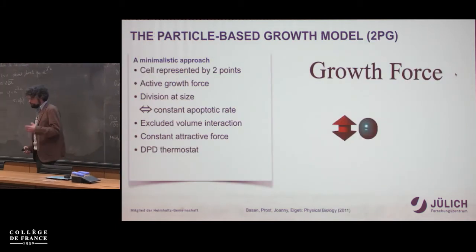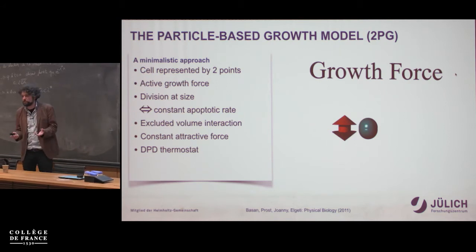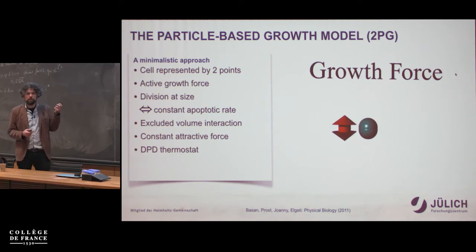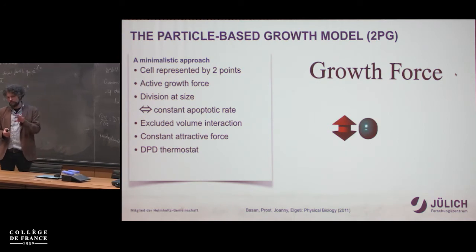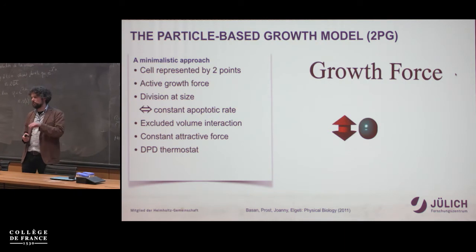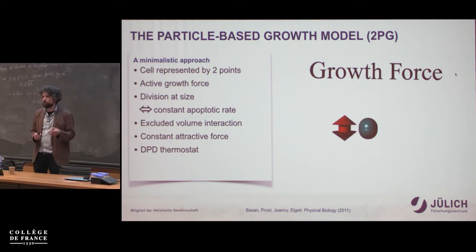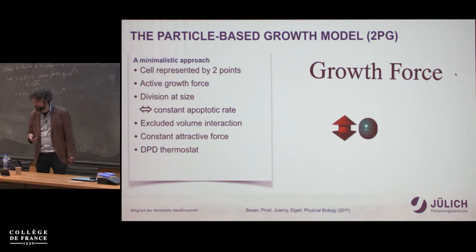Okay, so having advertised why we should do simulations, let me quickly introduce you to my minimalistic tissue growth model. The idea is really a minimalistic model, so stay simple, put as few ingredients as possible, but add details as the model fails.